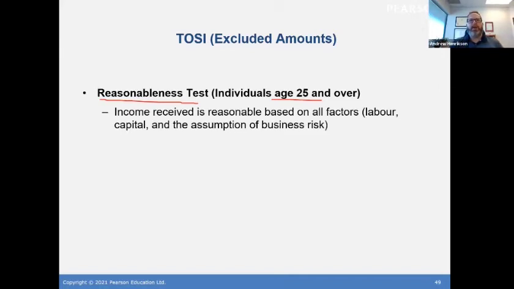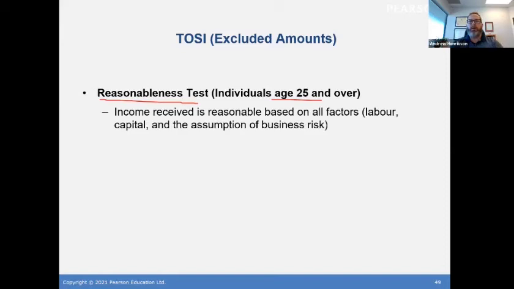In this case, we're looking at the labor, the work they did, and the capital, the money they put into the business. Maybe they're risking their own money. Have they assumed business risk? Maybe they signed as a personal guarantor on a loan.